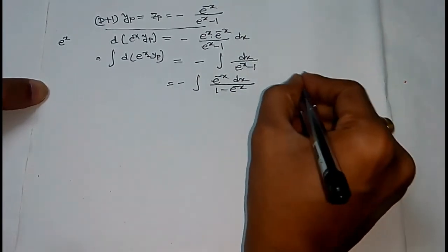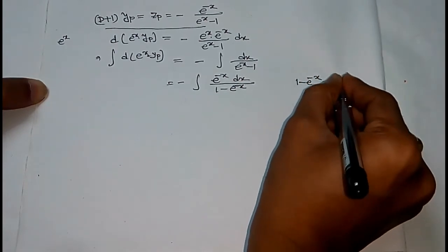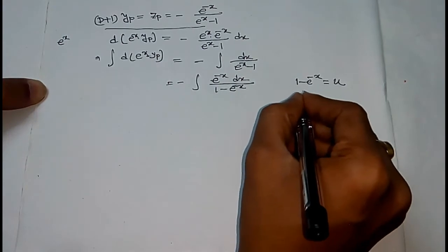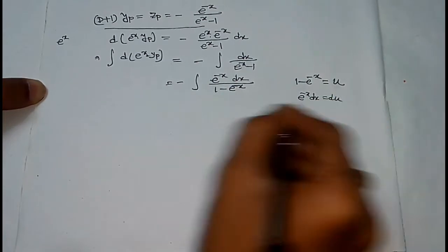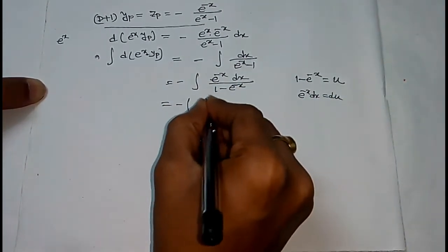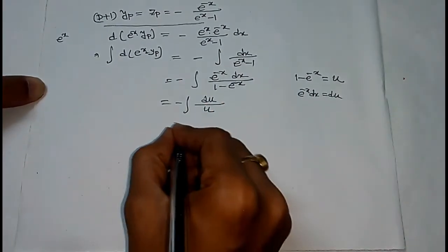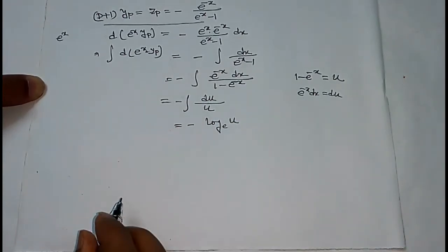Next we assume 1 minus e to the power minus x is equal to u, then after differentiation, e to the power minus x dx equal to du. If we replace this in the integral, it becomes du by u, which is actually minus log base e of u.